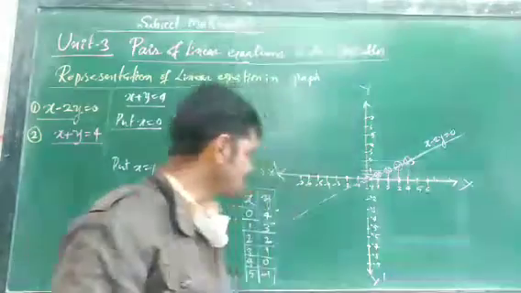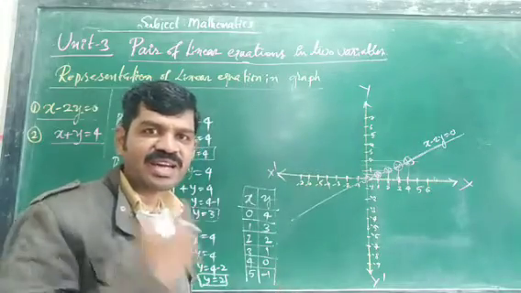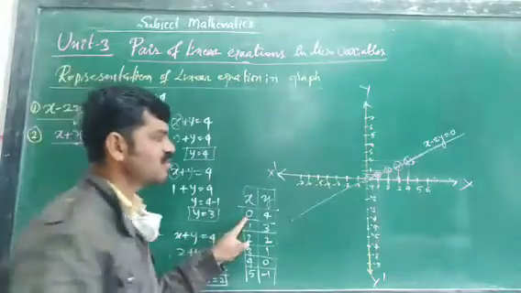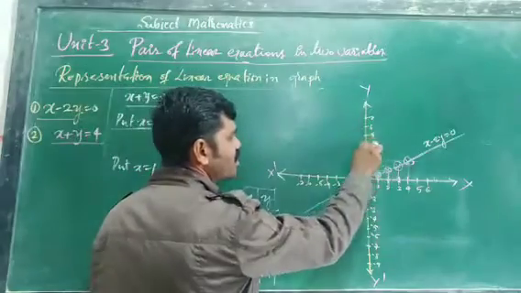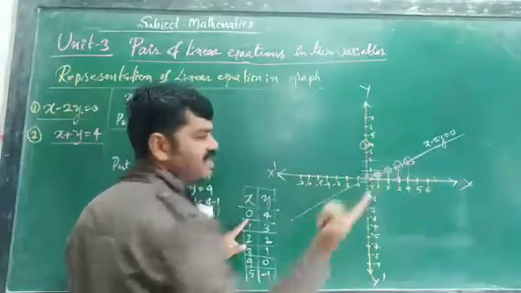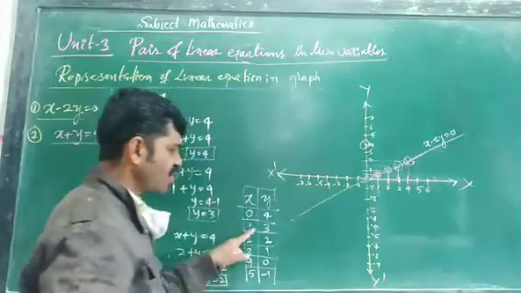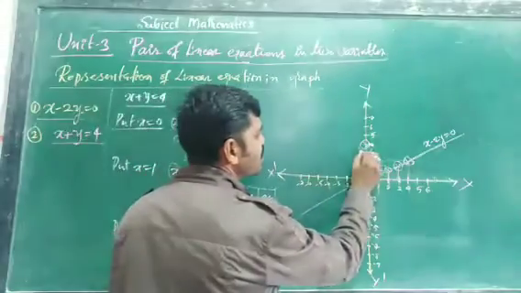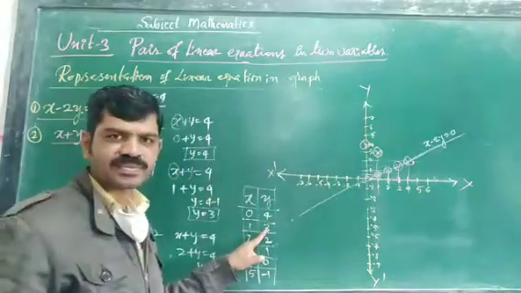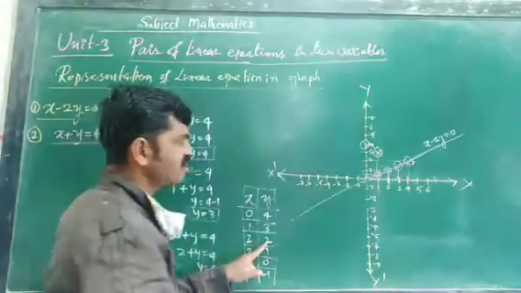Okay. We are going to represent this x value and y value in the graph. How will it be? Let us see. When x is equal to 0, y will be 4. The value of y, that is 4, x value is 0. When x is equal to 1, here is the x is equal to 1 value. y is equal to 3, here is the y is equal to 3 value. So here it is. When x is equal to 2 is given, what is the y value?